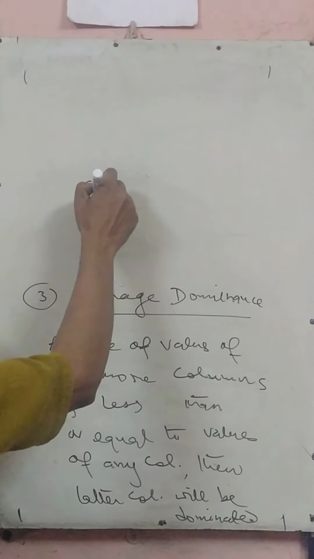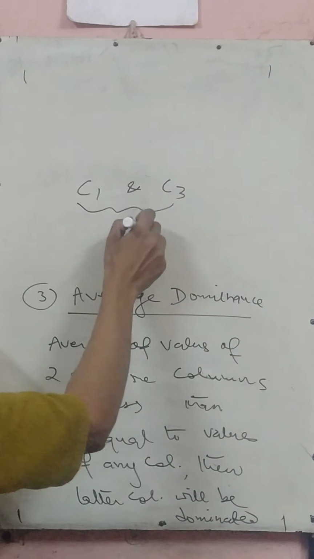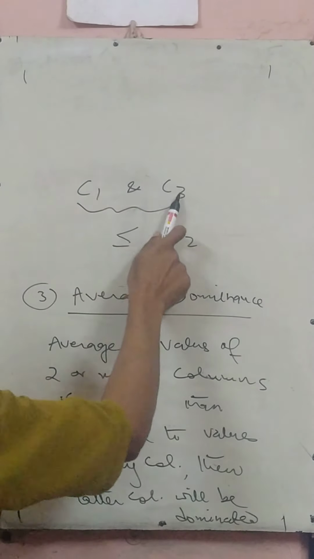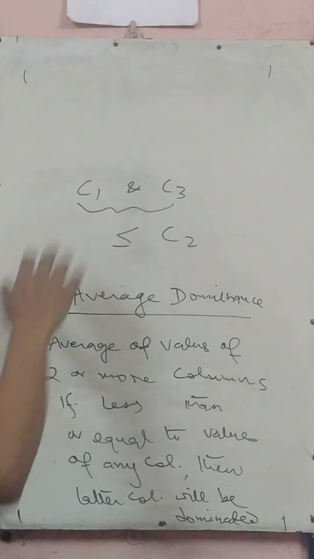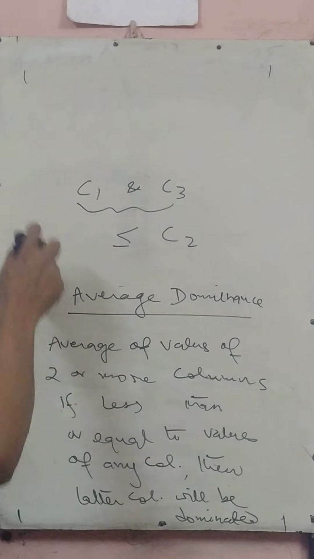That means if I take C1 and C3, and their average is less than or equal to C2, what we are finding is that the first and third column values are added and divided by 2, and all the values in this average are less than or equal to the corresponding values of the second column. The second column will be deleted because the first and third columns have the lower values in the average.